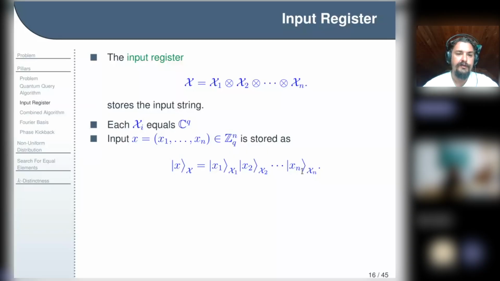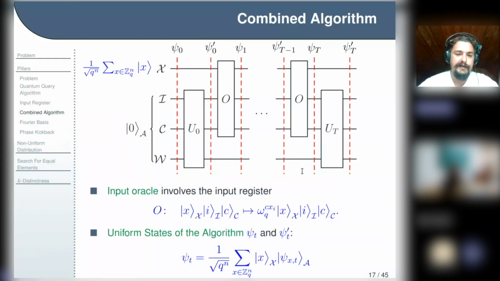When we introduce this input register, we add it to the space of the algorithm. The unitaries U_i are still applied to the space of the algorithm, but the input oracle now intertwines this input register with the space of the algorithm.